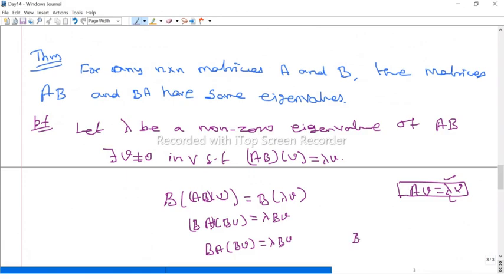This looks like BA times X equals lambda times X. Therefore, lambda is an eigenvalue, and this BV is the eigenvector corresponding to lambda for the matrix BA.